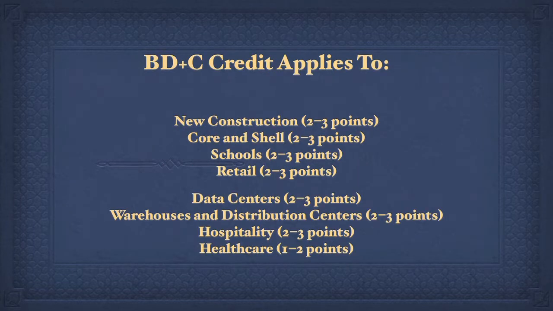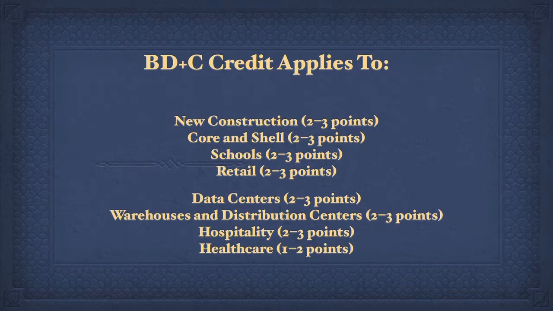The rainwater management credit applies to the following LEED adaptations in BD&C: new construction, core and shell, schools, retail, data centers, warehouses, hospitality, and healthcare. As you can see, the rainwater management credit can contribute 1 to 3 points depending on the LEED rating system adaptation.